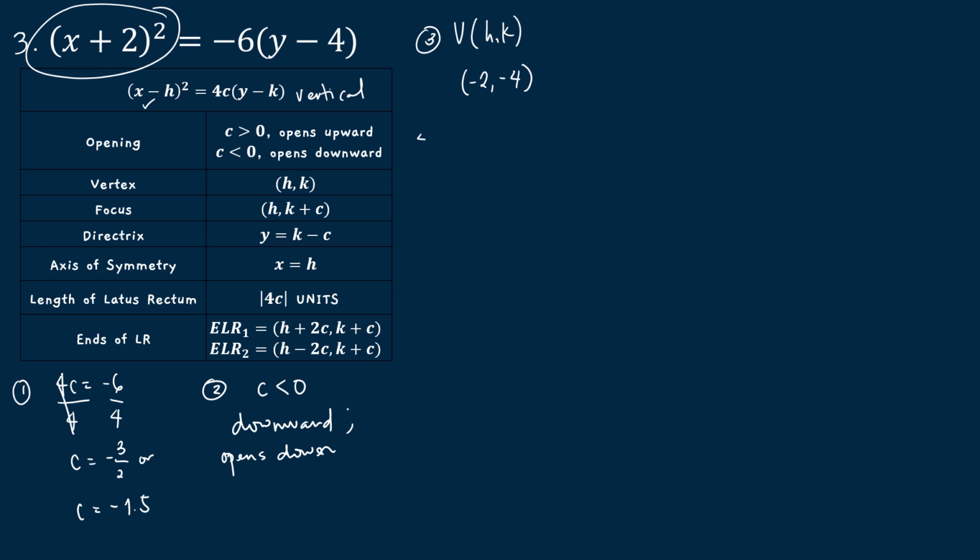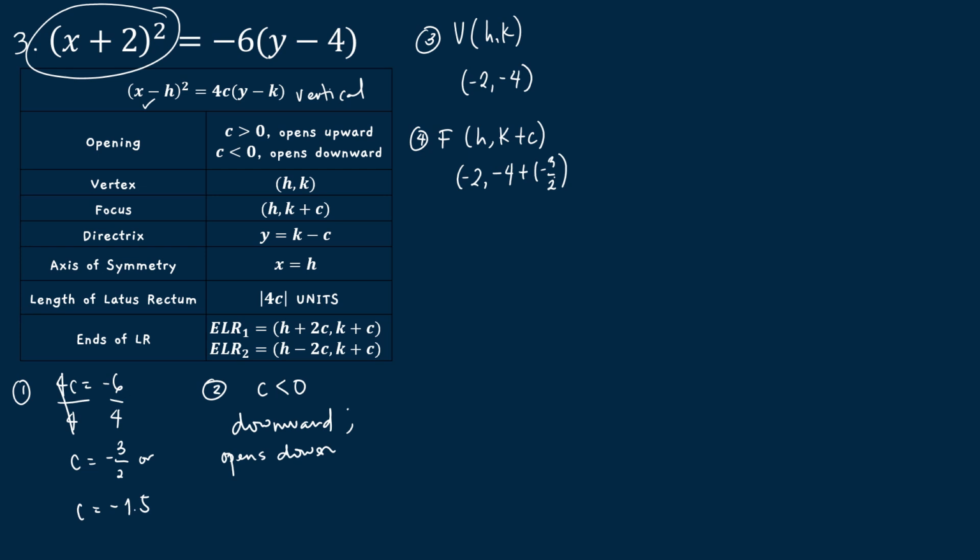Okay, then for the number 4, it's the focus. So the solution for the focus is h, comma, k plus c. So the value of the vertex is given. We can write now our answer. So we can see that it's negative 2 for h. Then the solution would be like negative 4 plus negative 3 halves.